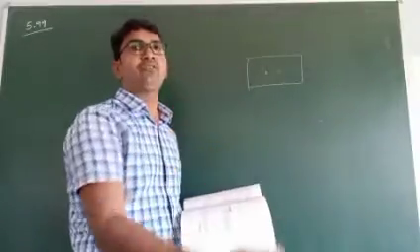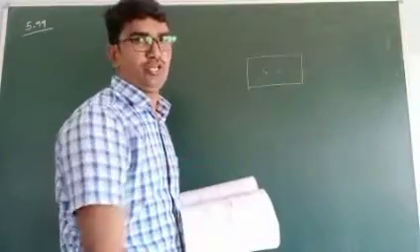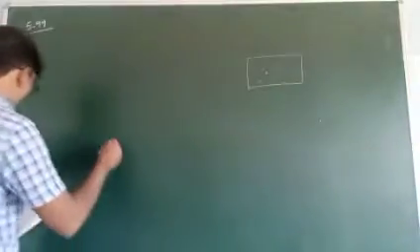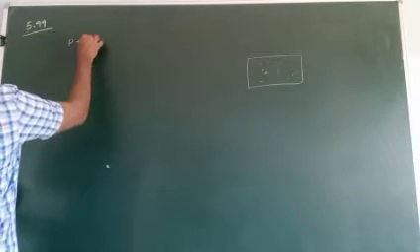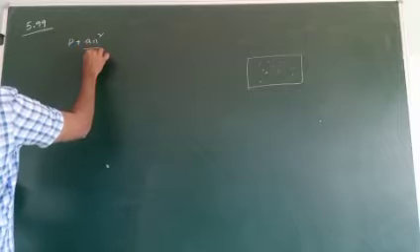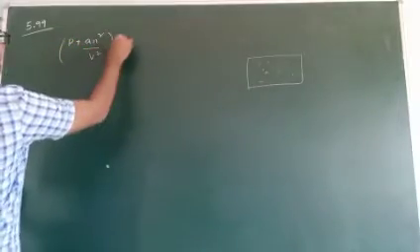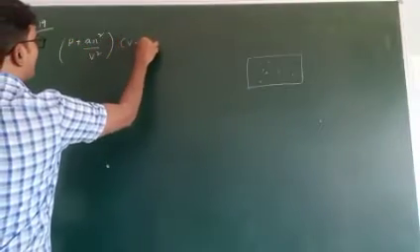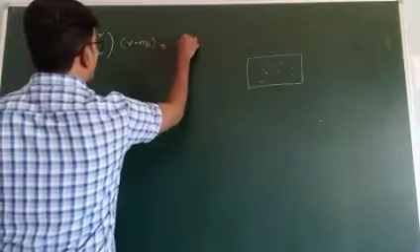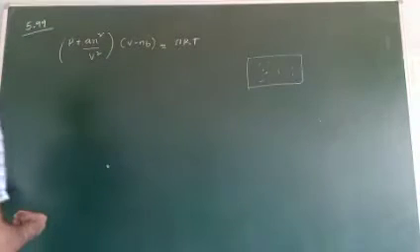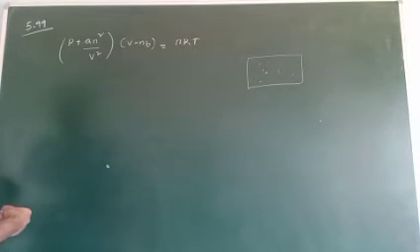We have to take the container volume, the total volume. What is the formula? Generally, P plus a n square by V square into V minus nb is equal to nRT. This is the general formula.